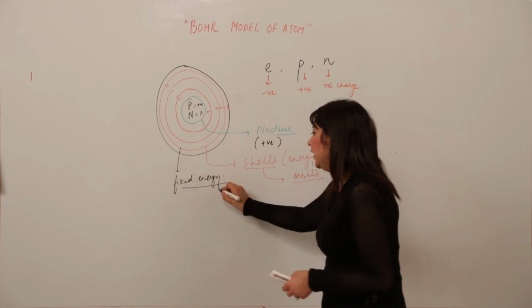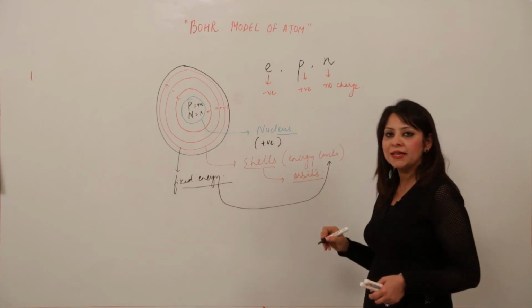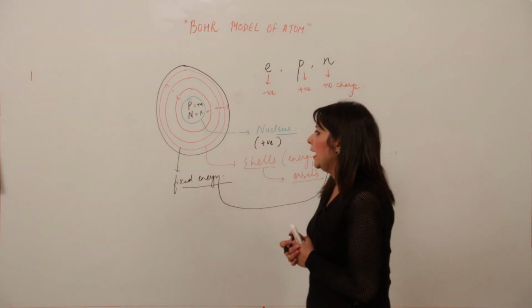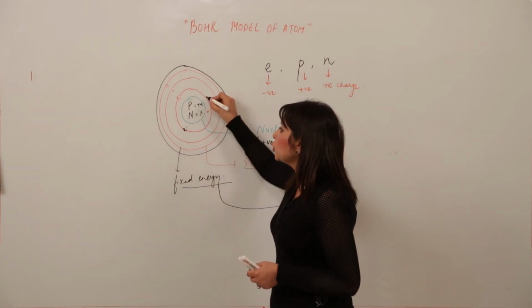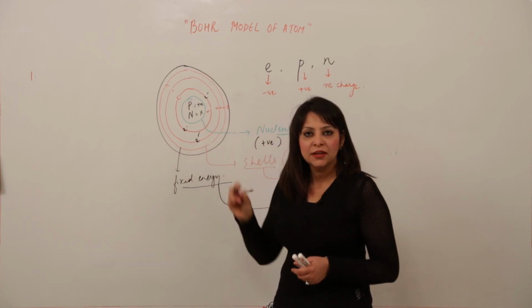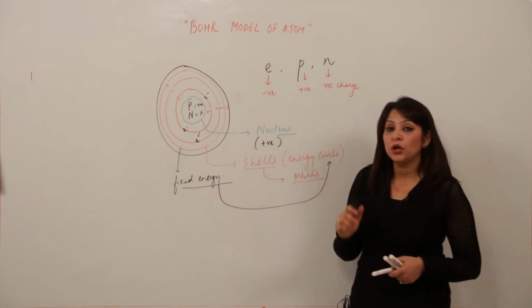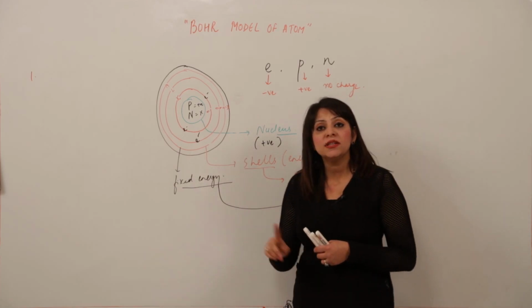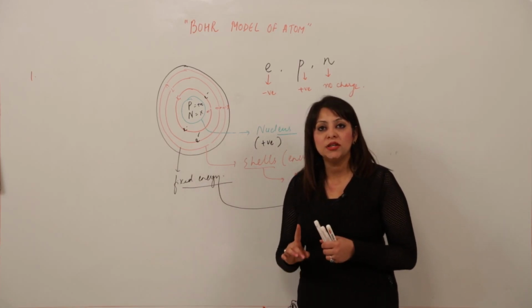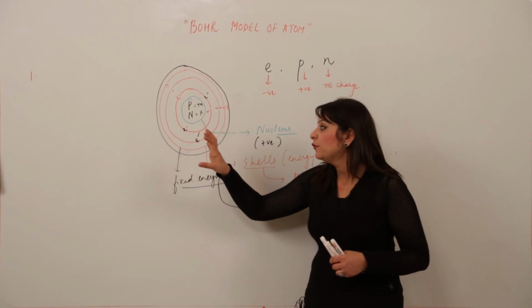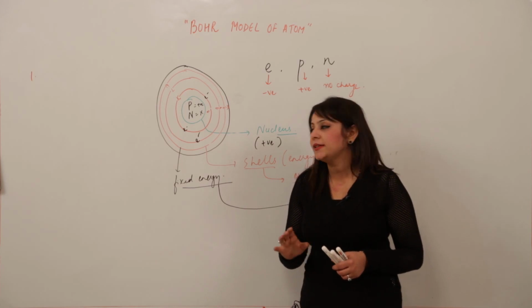So that is why the name given to these shells can also be used as energy levels. And then he said that in shells electrons are present, and one important thing, he said that electrons are not stationary. Electrons are moving in a circle in their specific orbits with certain speed. So they are not stationary.